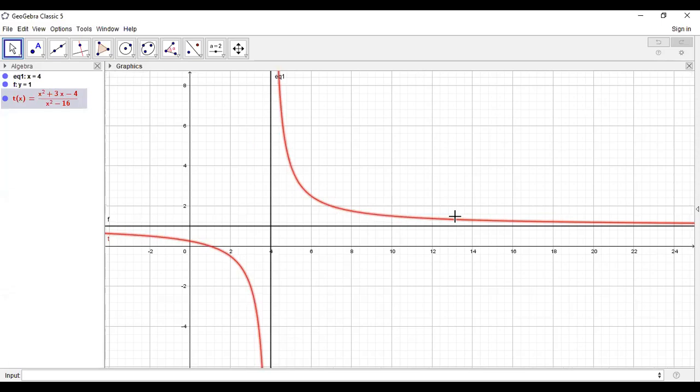Pero hindi ko na kayo pinapag-graph like this, yung nakikita niyo sa screen, kasi I know that it takes time. Nagagraph na kayo sa pre-calculus, so mag-give way na ako sa pre-calculus. Sa Gen Math, hindi na kayo mag-graph. Okay lang. Basta you need to show me the asymptotes and the intercepts.